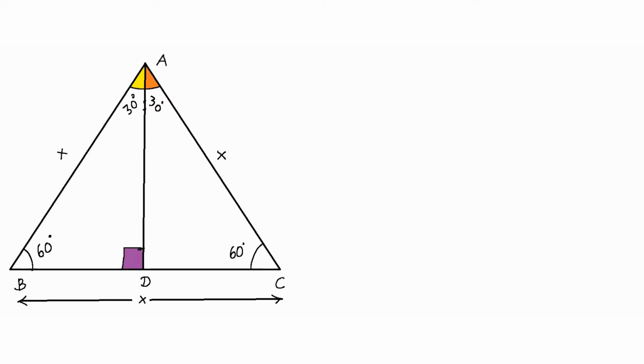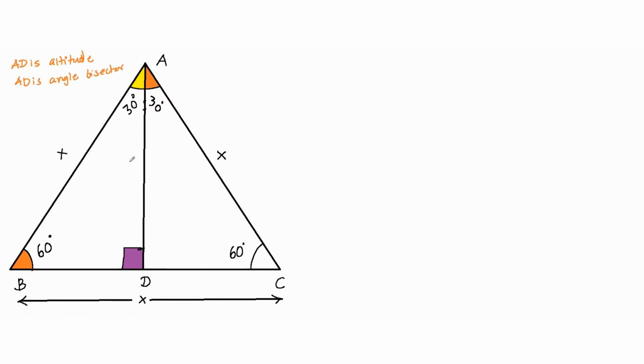And therefore this particular angle is going to be 90 degrees. Now, because angle D is 90, I can conclude that AD is the altitude. AD is also the angle bisector.